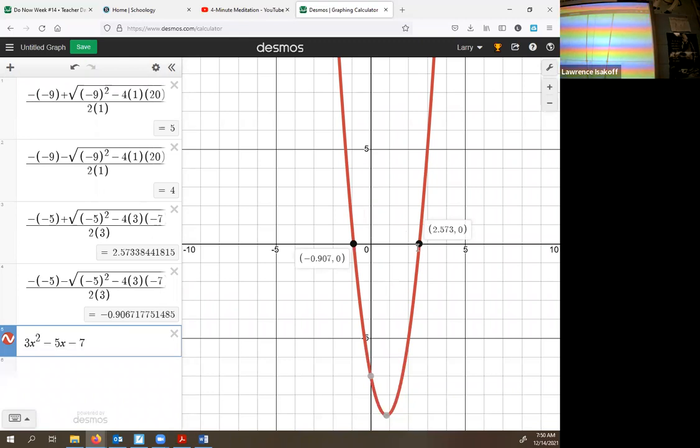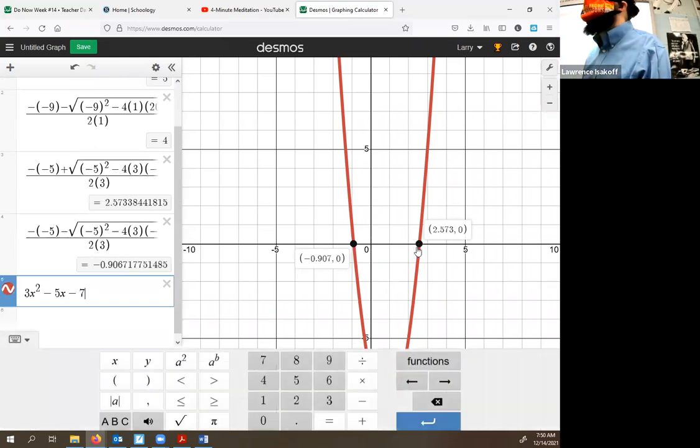If we go 3 decimal places here, we get the exact same thing, 2.573 and -0.907. So again, this tells us where it crosses without actually looking at the visuals of the graph.